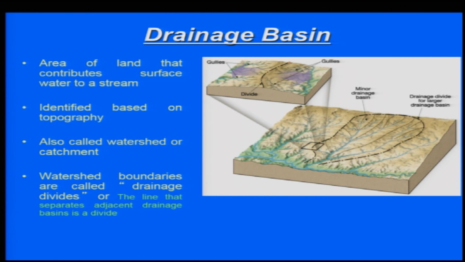The drainage divide is usually marked where we have a slightly elevated portion which separates the flow direction of two drainages on either side, and those drainages are contributing to different drainage basins.